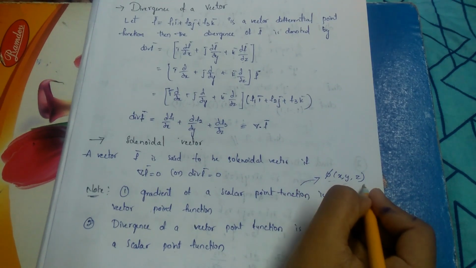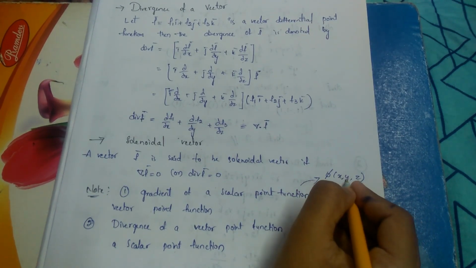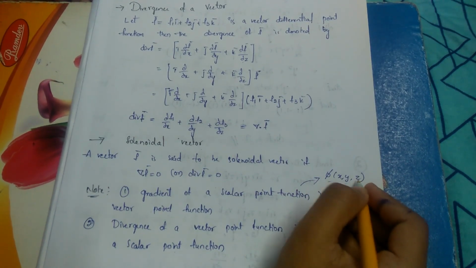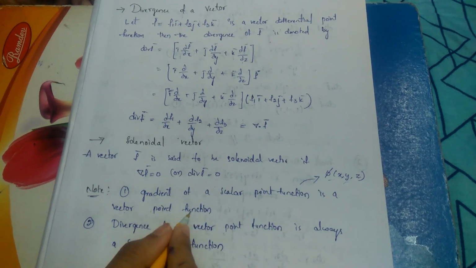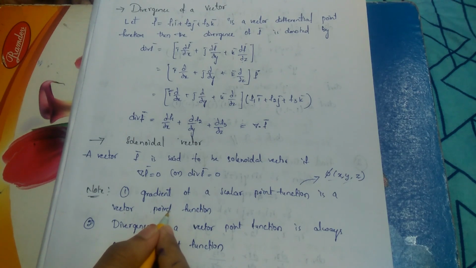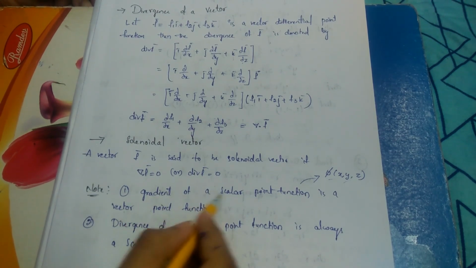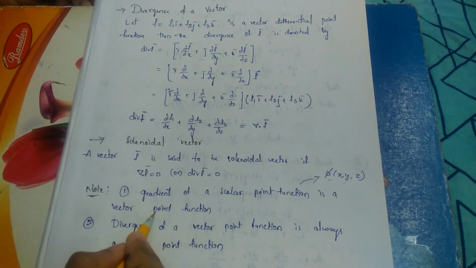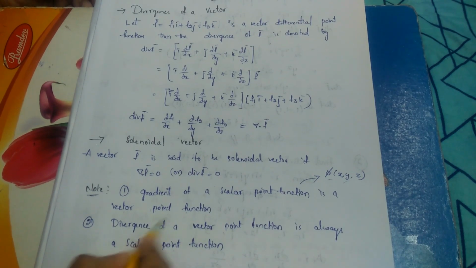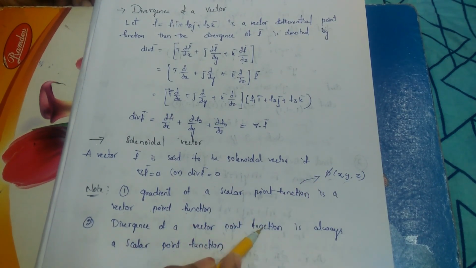This is some function that consists of only x, y and z variables. It doesn't consist of i, j, k vectors, whereas a vector point function consists of i, j, k vectors. So when we find the gradient of a scalar function, we get a vector point function. And when we find the divergence of a vector point function, we get a scalar point function.